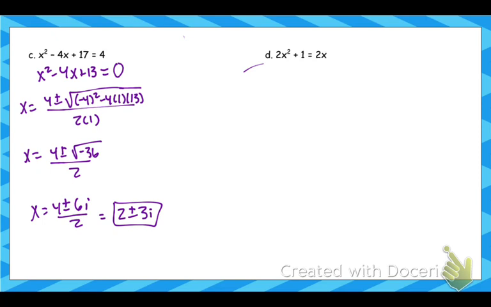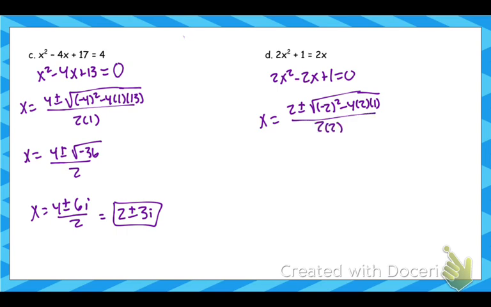All right, then last one, and again, same thing. Got to set it equal to 0 first. So 2x squared minus 2x plus 1 equals 0. So negative b plus or minus the square root of b squared minus 4ac all over 2a.